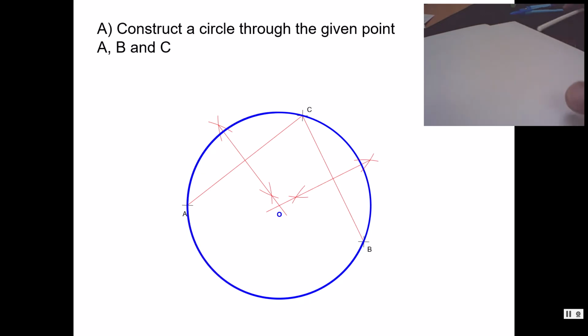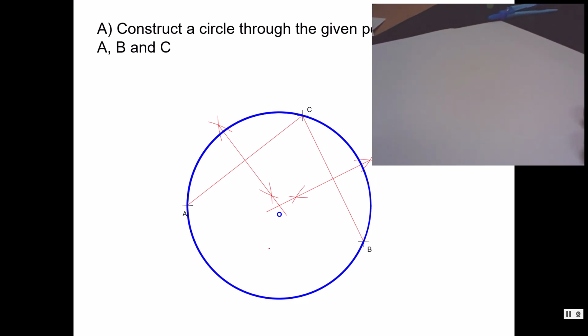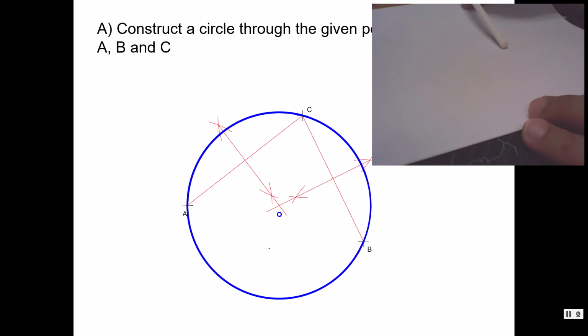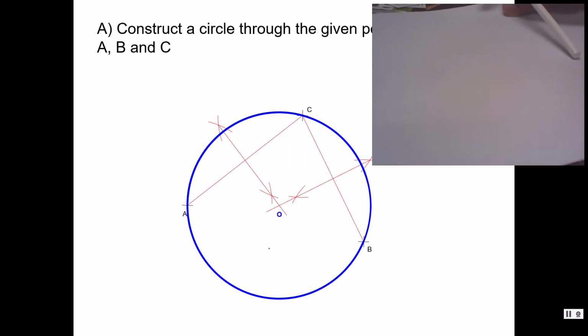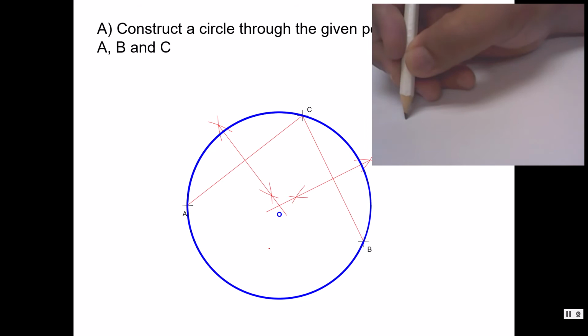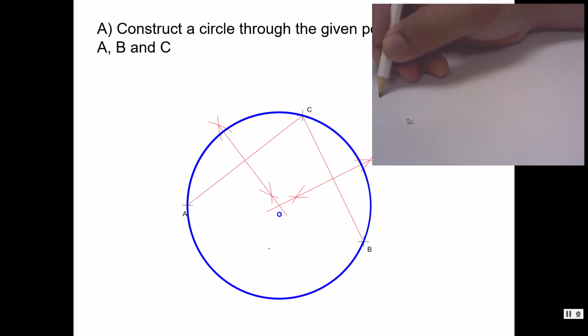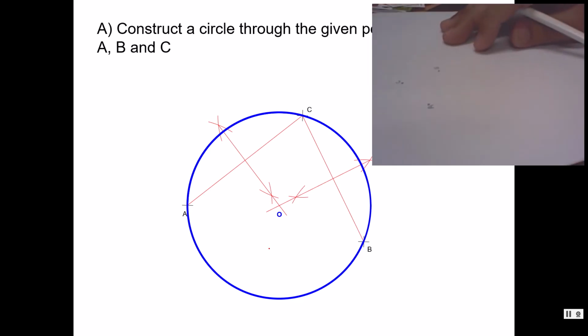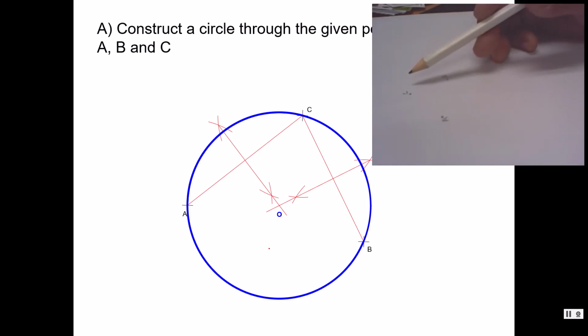Okay, so now let's just see how it's being done. So we have, let's say this is point A, we have point C, we have point B. It's up to you in terms of the position of the points, as long as we want to make sure that the circle will touch all these points.